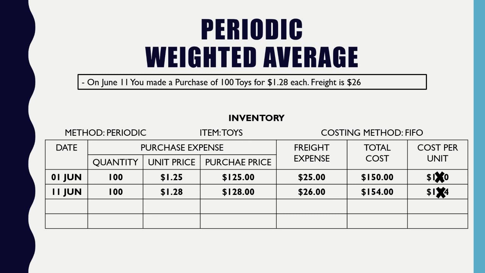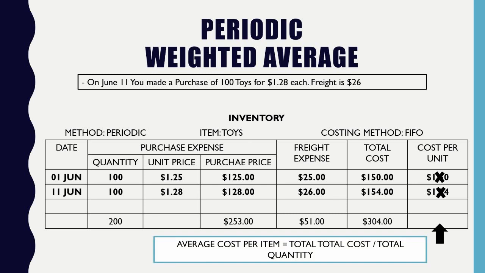You don't need to calculate your cost per item, because it's going to be completely different. We need to add up our totals to get our total quantity and our total cost. Even if we do separate it, it'd be 150 and then 154, and we would need to find the average between those two numbers.